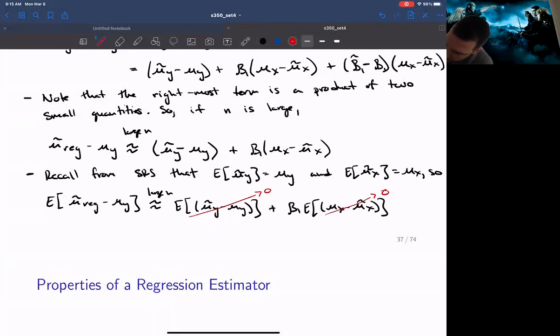So now you have the expected value of mu tilde reg is approximately equal to mu y.